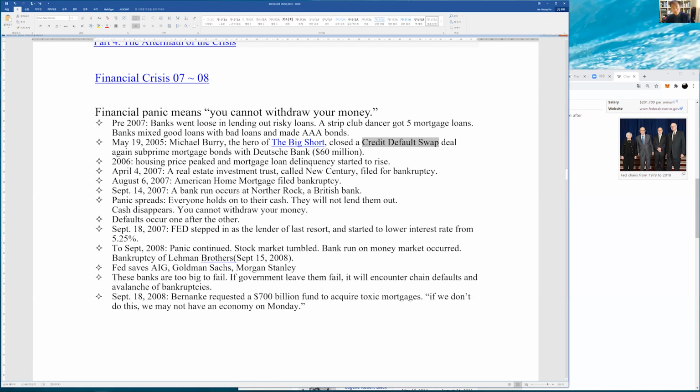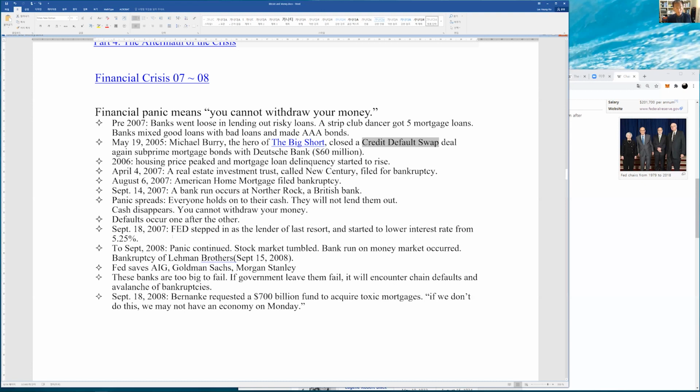When the term of your debt approaches, you cannot but commit defaults, and your organization cannot but file for bankruptcy. So defaults occur one after another.